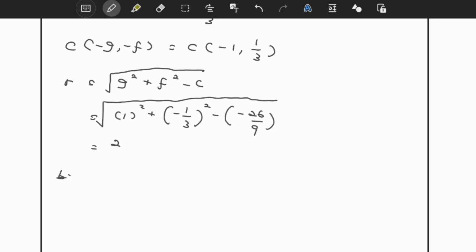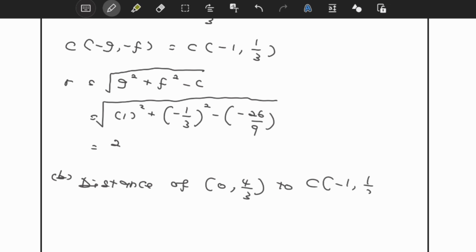For part B, we want to determine whether the point (0, 4/3) lies inside or outside the circle. So what we have to do is, let's start by finding the distance of the point (0, 4/3) to the center (-1, 1/3).